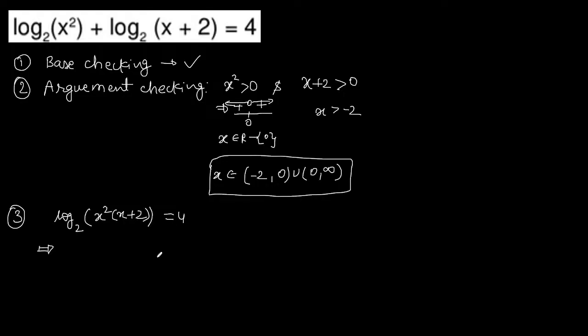So it will go 2 to the power 4, which is 16, x square, x plus 2. Since we have already checked the argument, we need not check here. Now, can we go by hit and trial, or we can go this way: x cube plus 2x square minus 16 equal to 0.